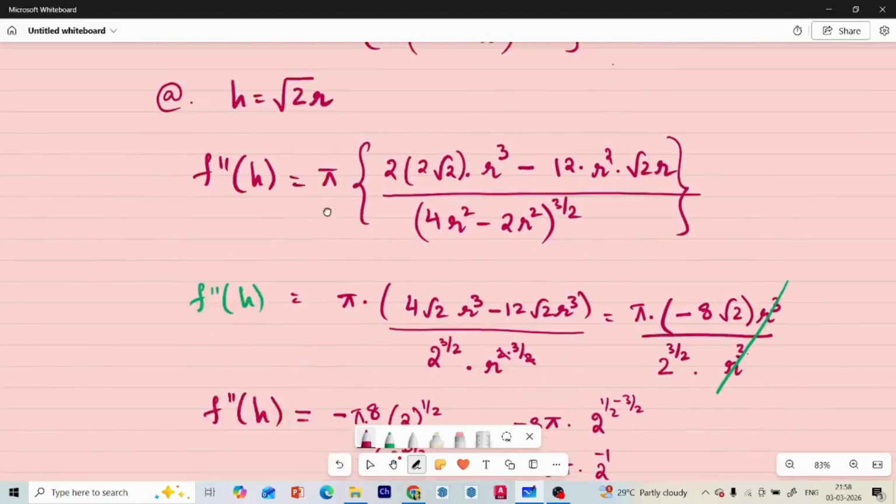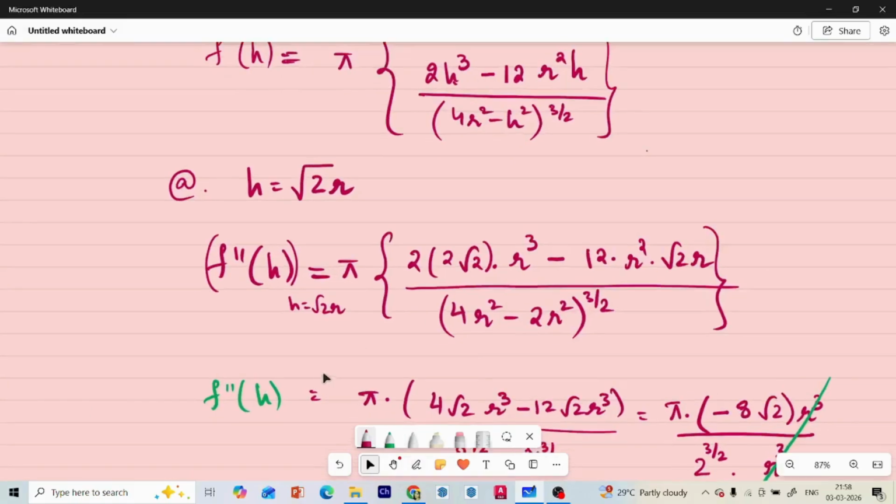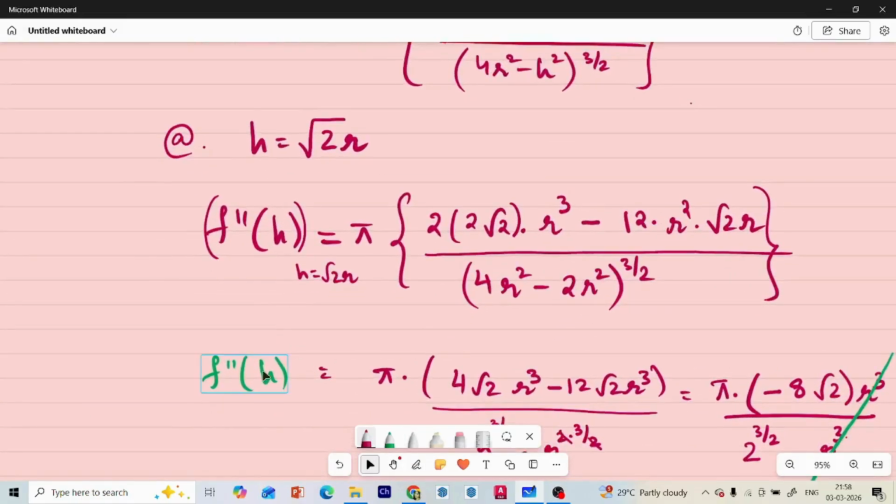Let's mention at h is equal to root 2 r; mentioning it here and then simplifying is better, so that people will know that you have substituted. Or even better, just write it like this: f double dash of root 2r.